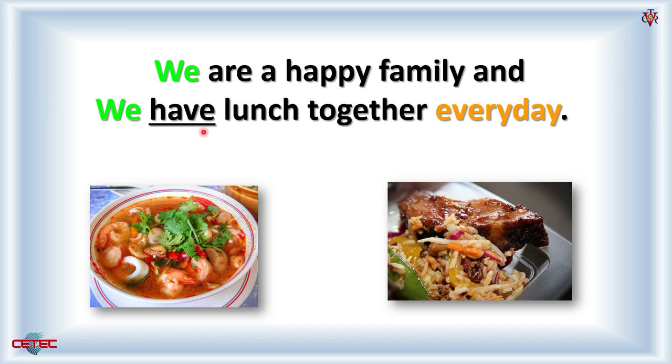We have, here, the verb have, and complement. The time expression is every day. Now, two different types of sentence. Here, they use the verb, and here, the verb to be. Don't forget the structure.